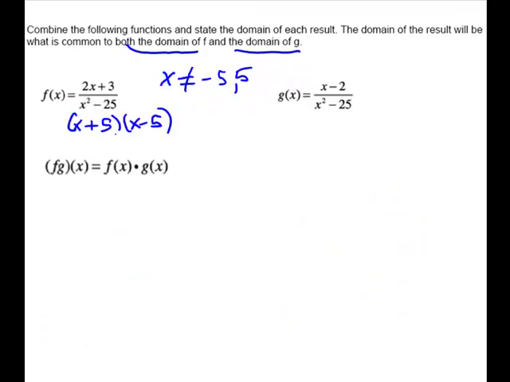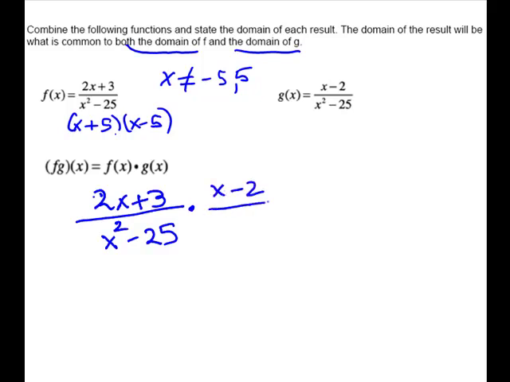Next, we will multiply these rational expressions. So we have 2x plus 3 over x squared minus 25 times x minus 2 over x squared minus 25.